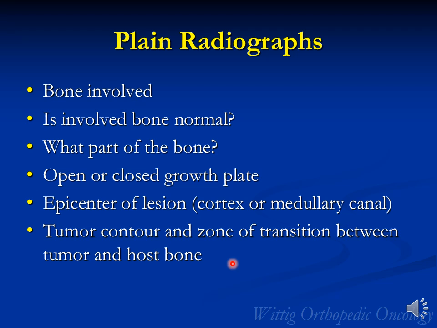In other words, is there a sharp zone of transition between the tumor and adjacent normal bone, meaning a sharp cutoff where you can determine where the tumor stops and normal bone begins, or is this imperceptible, where you cannot determine where the tumor stops and the bone begins? If you can pick out the borders of the tumor, then usually that tumor is benign. If it's imperceptible or blends imperceptibly with the adjacent bone, then that suggests that this is a malignant process.